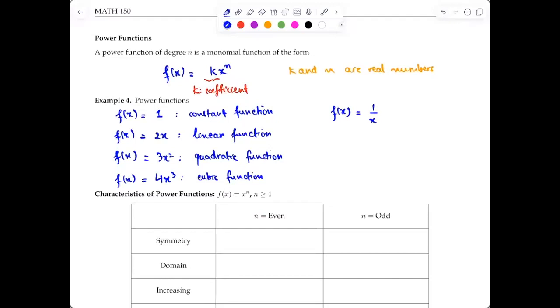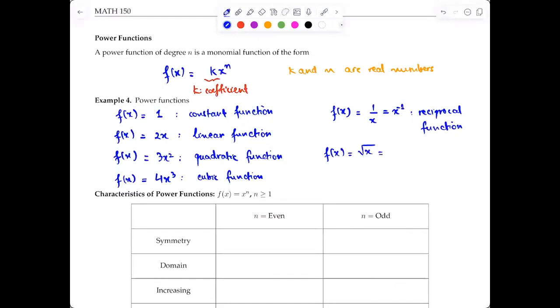That's the very specific name for that. But you can turn this into x to the negative 1. And when you write it like this, it is a power function of degree negative 1, n equal to negative 1. So reciprocal. You can have f of x equal to square root of x.